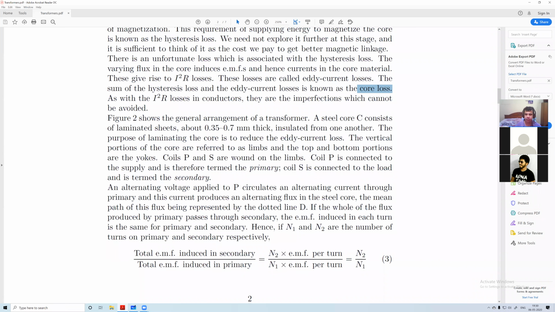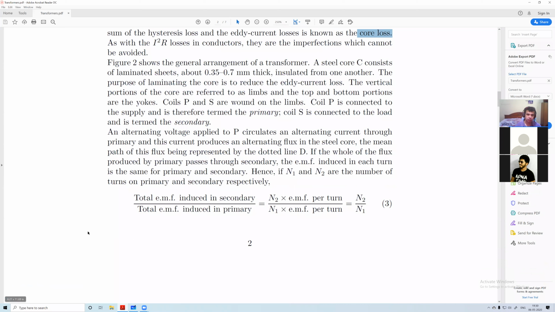Now, if we assume that no flux is lost, and all the flux generated in the primary is linked to the secondary, then the EMF generated on each turn of the primary and secondary coils is the same.